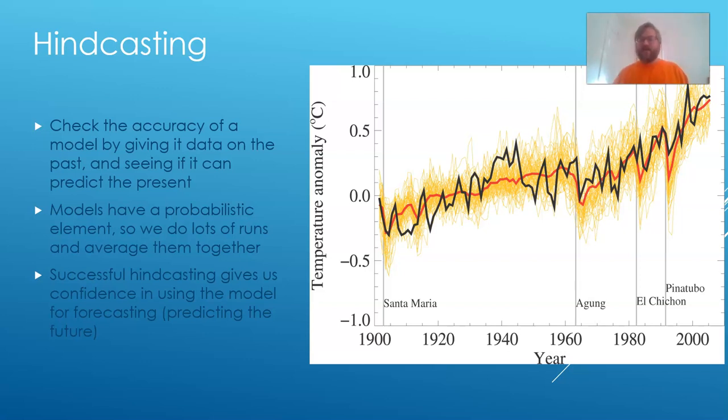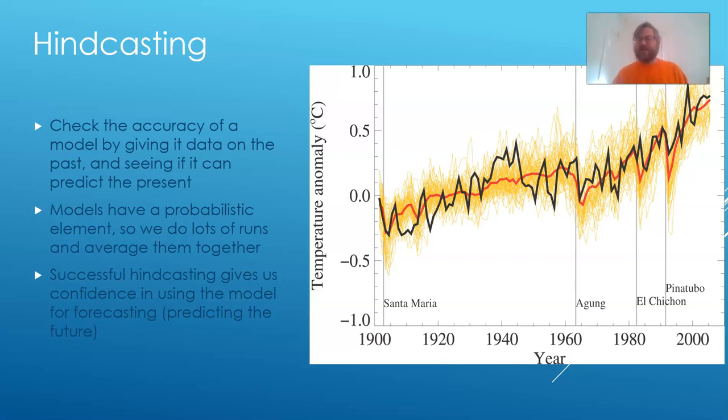And then we can compare that to the real data. So the real data is the black line. And so what we can see there is that if we are feeding this model our starting conditions in 1900 and the changes that we knew happened over the course of the 20th century, then what the model tells us should happen with global temperature matches up pretty well to what actually happened with global temperature, right? Those two lines follow each other pretty closely.